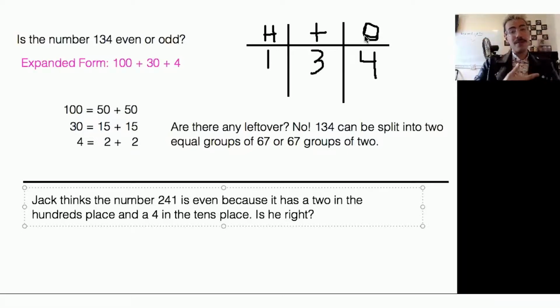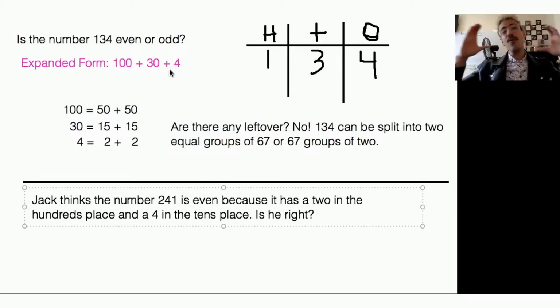I take the number and I'll put it in expanded form. That means I have 100, I have 3 tens, 30, and I have 4 ones, 4. So 100 plus 30 plus 4. Now that I have the values, I can split them into 2 equal groups in order to help me understand if the whole number is going to be even or odd.